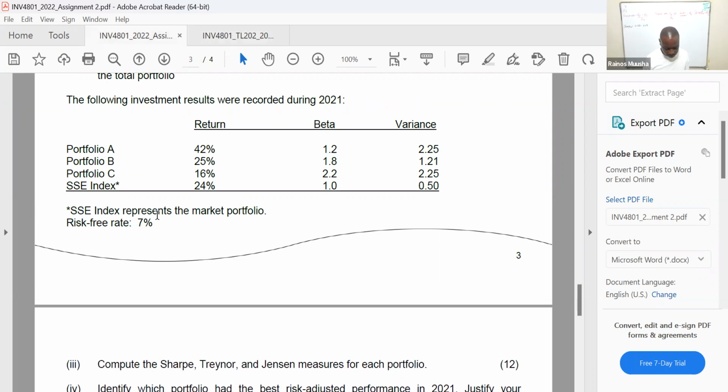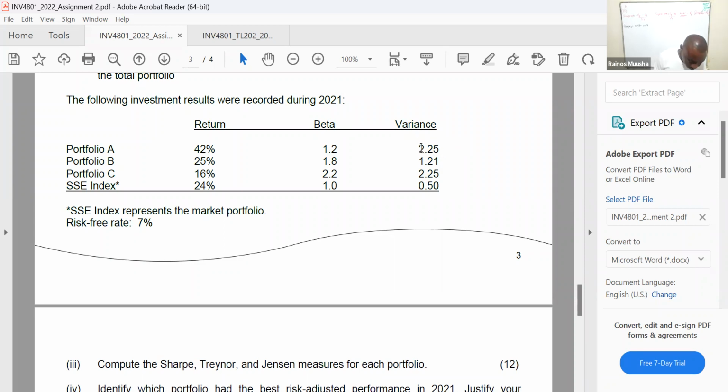The risk-free rate is a percentage. The variance should be a percentage as well. So why are these ones given as decimals and this one here treated as a full percentage?